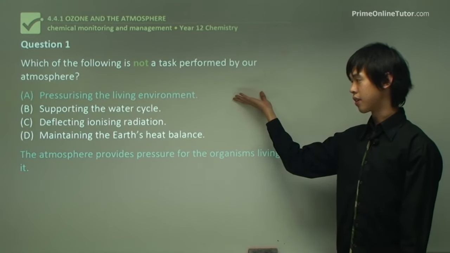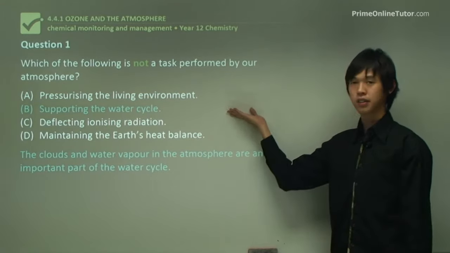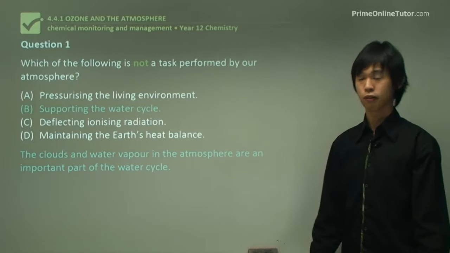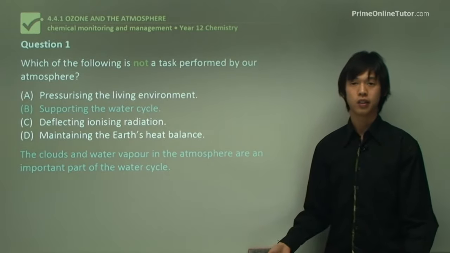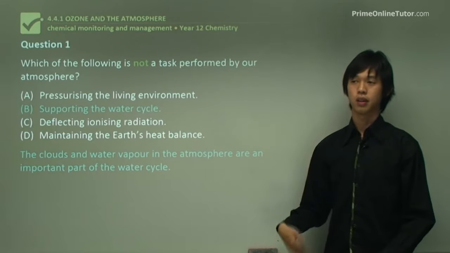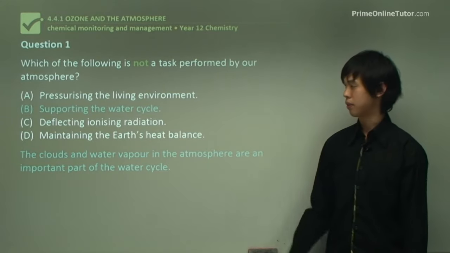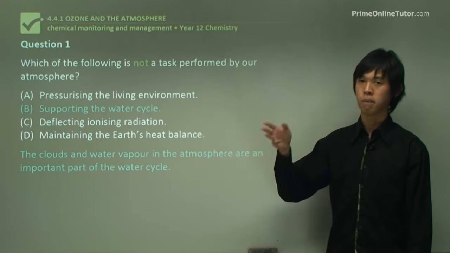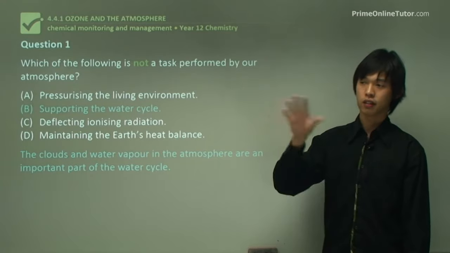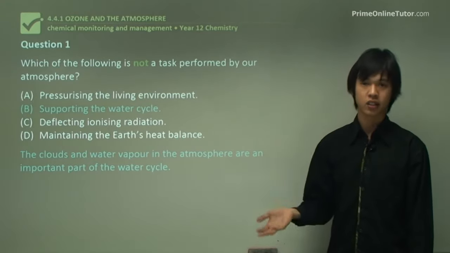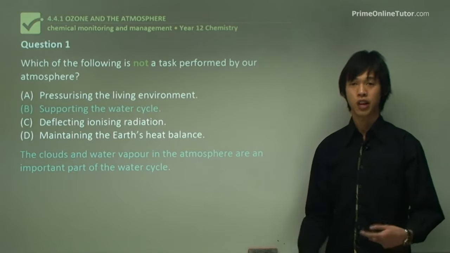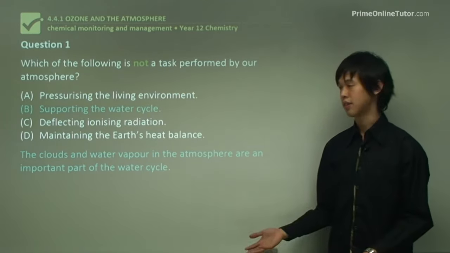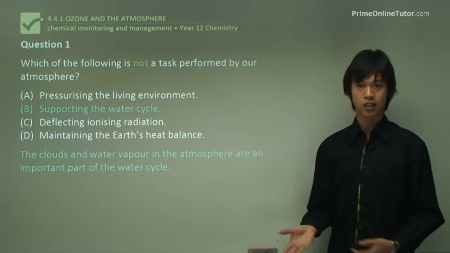Now, B, supports the water cycle is also incorrect. As I mentioned before, the clouds and water vapor in the atmosphere support the continuation of the water cycle. When the clouds and the vapor are present, winds and other atmospheric phenomena push them around and help to transport that water to where it's maybe not needed, but where it ends up.